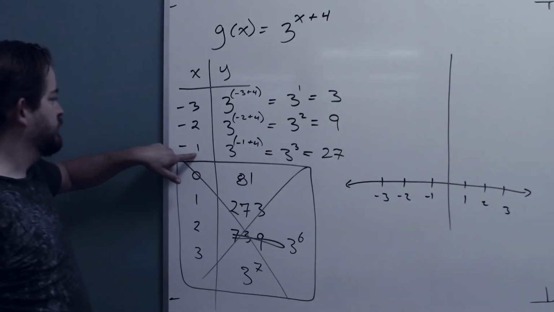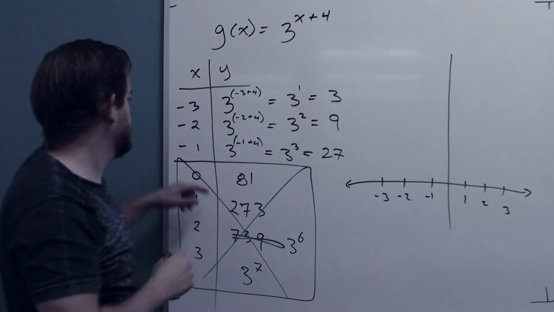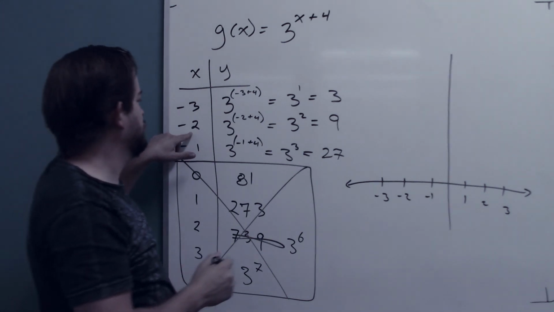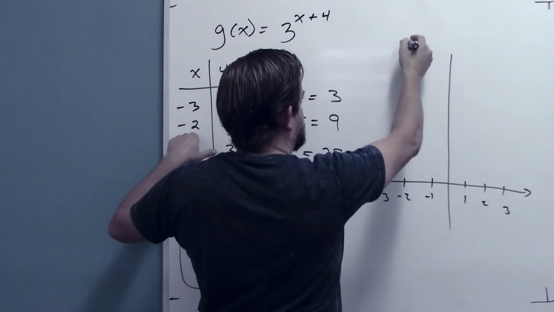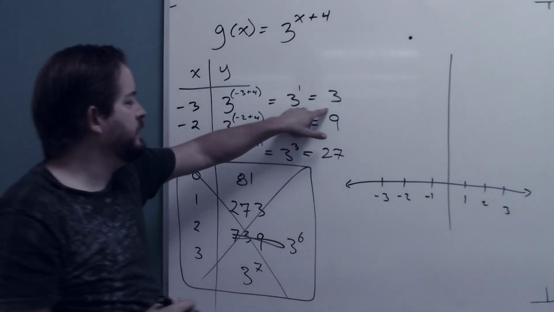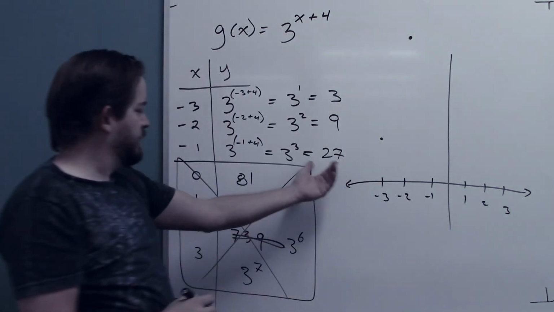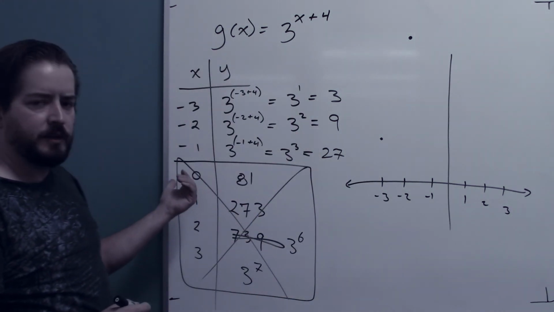I've got a couple values. If x is negative 1, y is 27, so that's on the ceiling. If x is negative 2, y is 9, so I'll just say that that's up here somewhere. If x is negative 3, then y is 3. But then if I keep going, I'm just going to be dividing by 3.